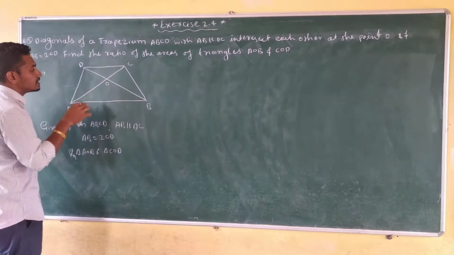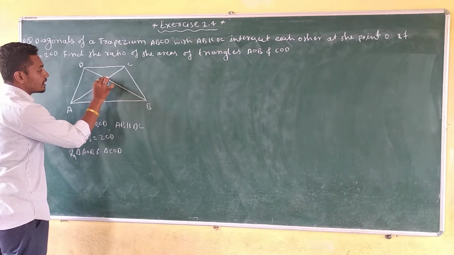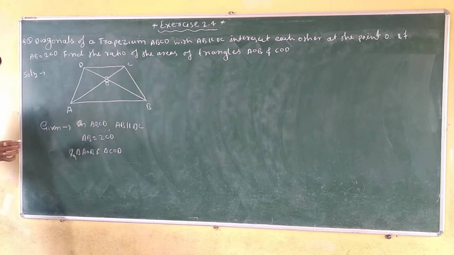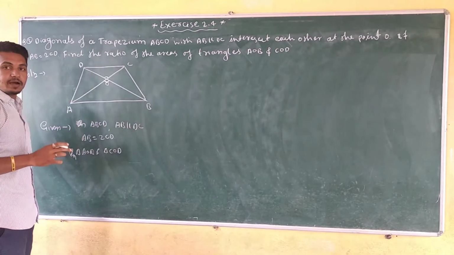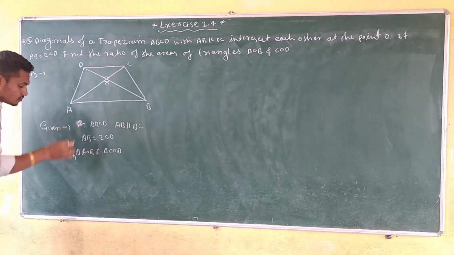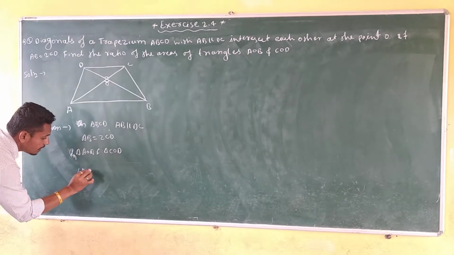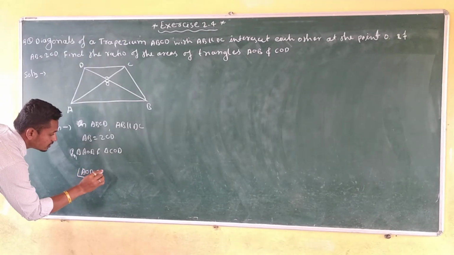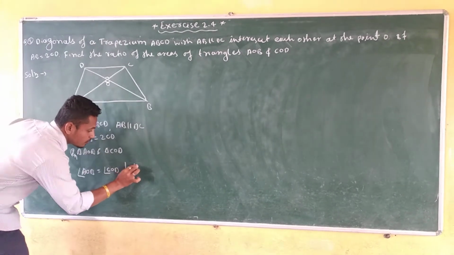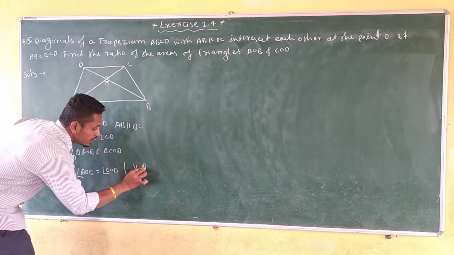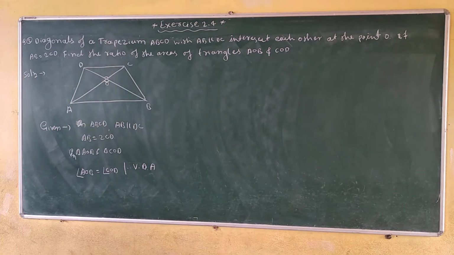These are the two corresponding angles that are equal. Why? Because these two angles are vertically opposite angles. So here, angle AOB is equal to angle COD. Why? Because they are vertically opposite angles.